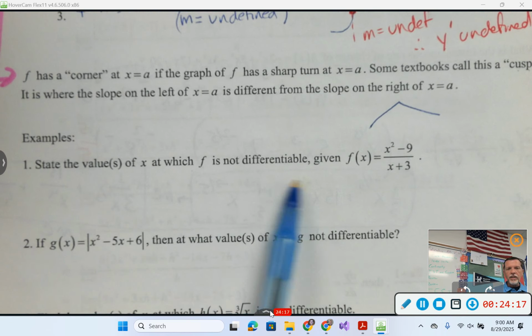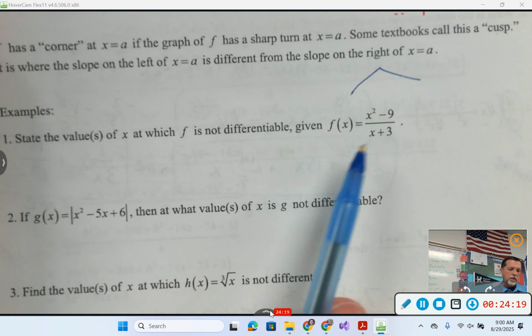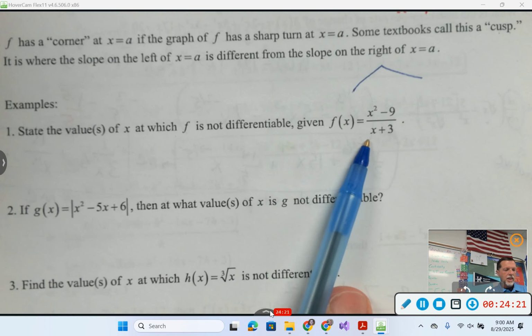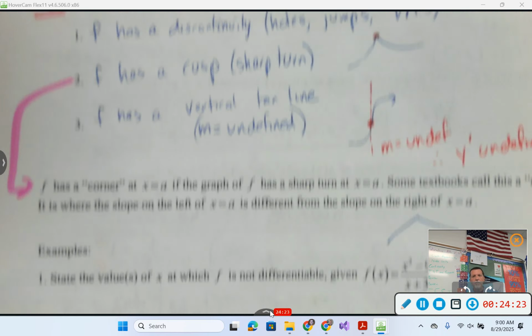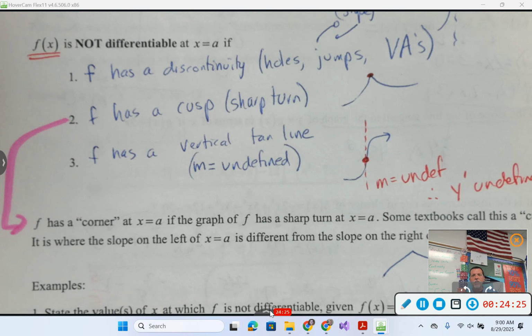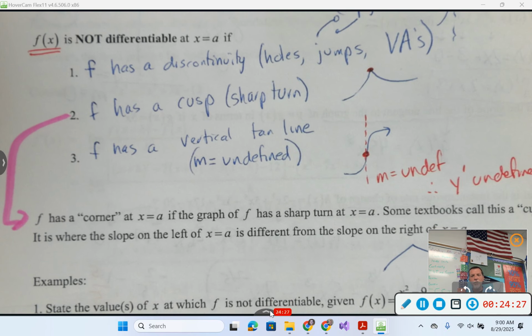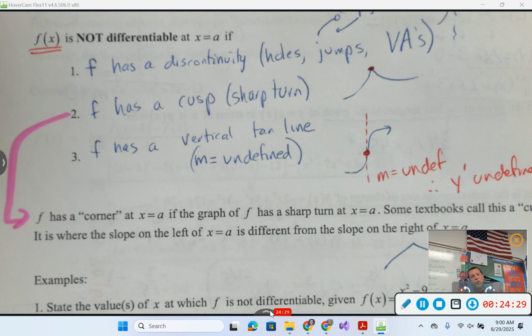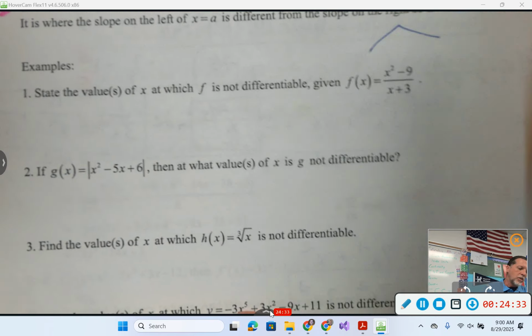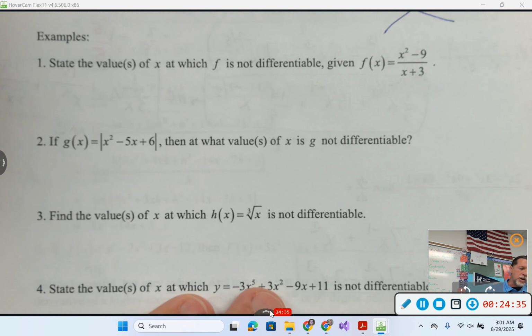State the value of x at which f is not differentiable given this thing. Okay, so looking back at my list, I'm looking for lots of things. Holes, jumps, asymptotes, sharp turns, and vertical tangent lines. So what's going on with number one, and where is the problem?